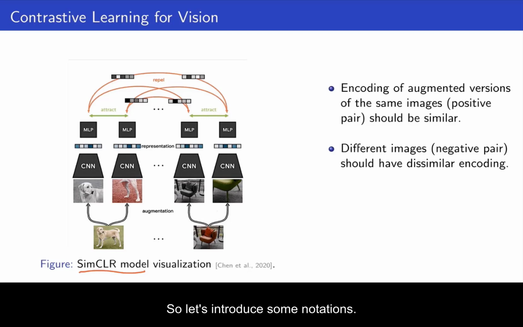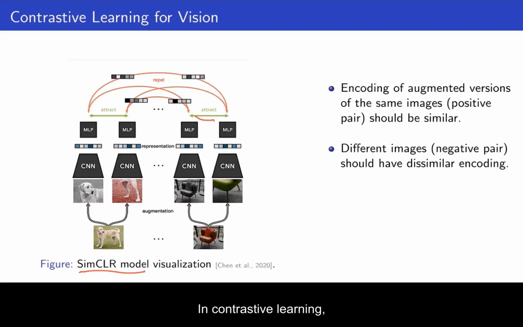So let's introduce some notations. The two augmentations from the same original image are called positives. And as I said, we want the high dimensional representations to be as similar as possible, which is now denoted as the attract relationship in this diagram that we see here.